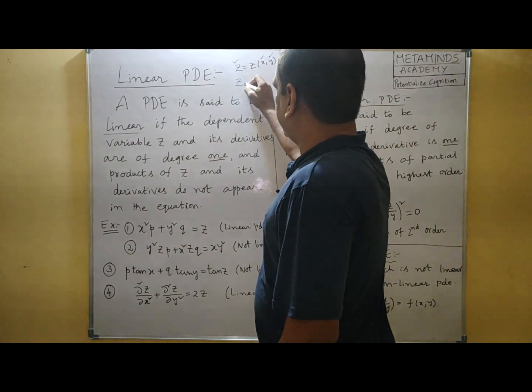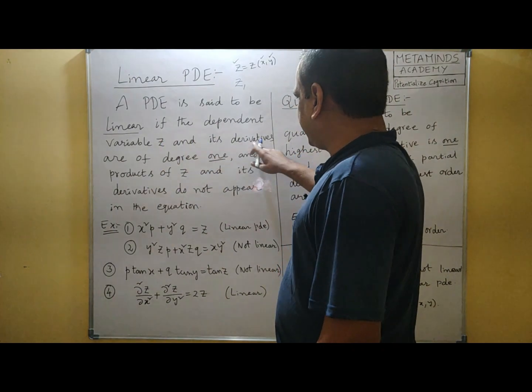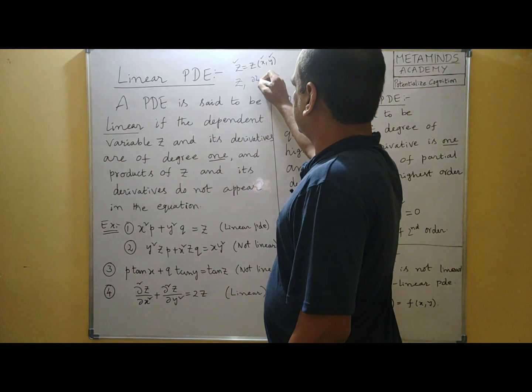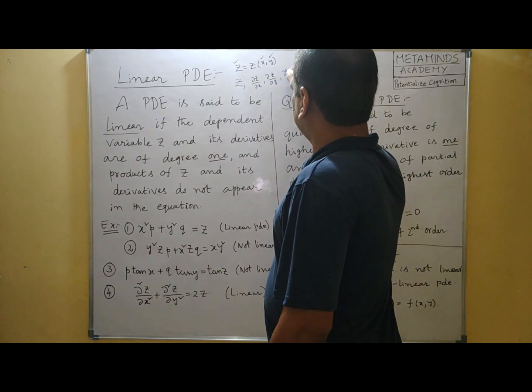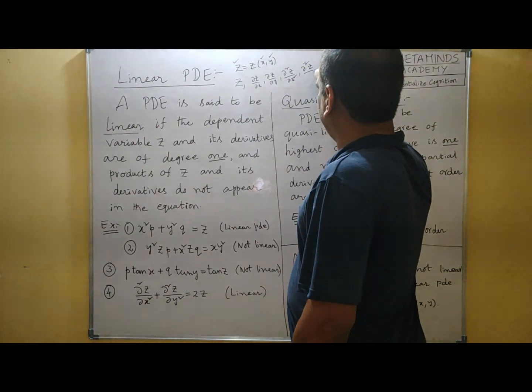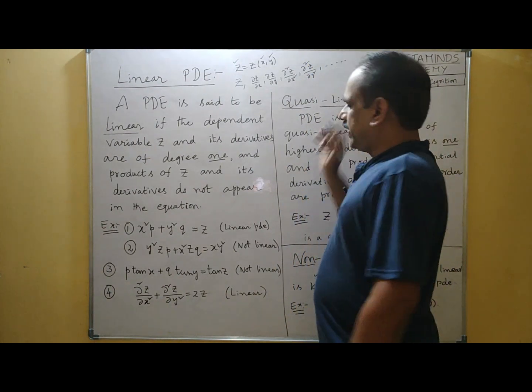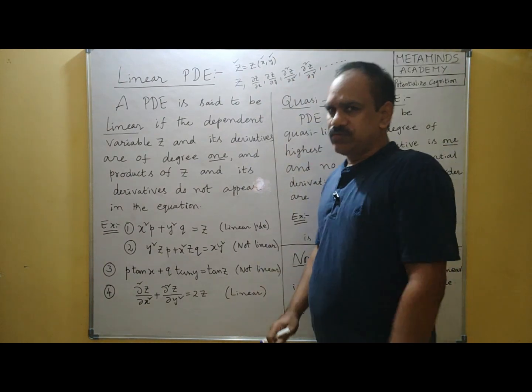Here the dependent variable z and its derivatives. What are its derivatives? Dou z by dou x, dou z by dou y, dou square z by dou x square, dou square z by dou y square, and so on. You can have first order derivatives or second order or third order, any other derivatives.